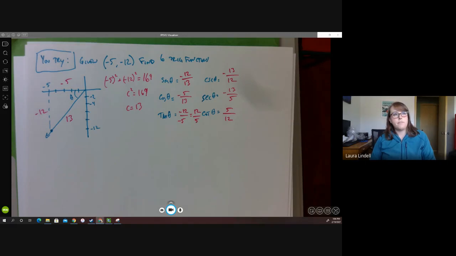Okay. So that's really the main new problem that we have for today. The rest of it is going to be more practice on our assignment with finding exact values of trig from the unit circle itself. So pulling it directly from the unit circle. So you should still have your unit circle from your notes yesterday. If you don't, make sure you write it down.